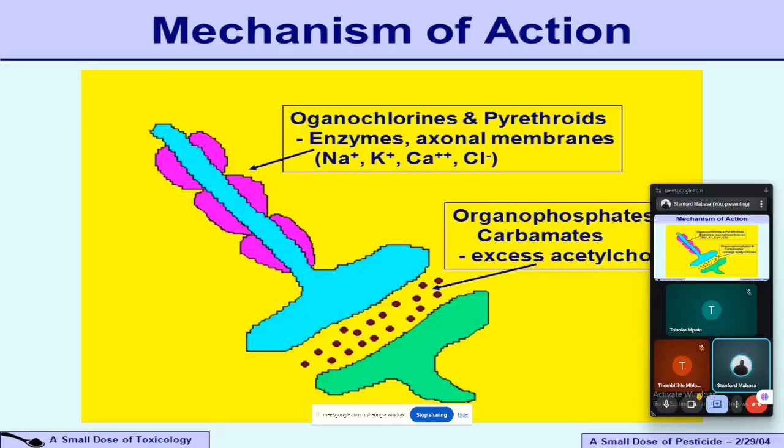Where you have the nerves coming together, the space in between, this is where you have organophosphates and the carbamates. What they do is to increase acetylcholine. Once you increase acetylcholine, then the signals are not stopped, and hence the insect pest may eventually die.